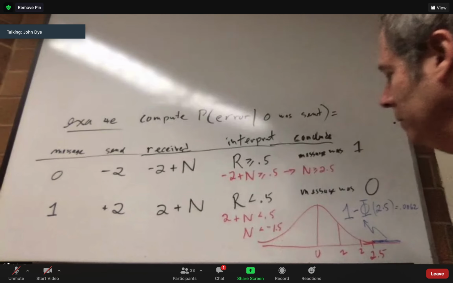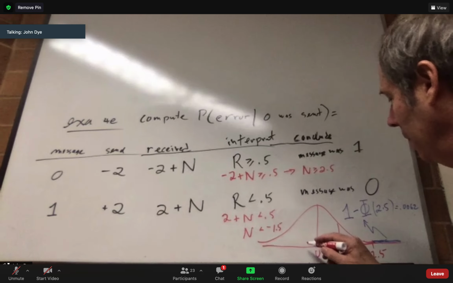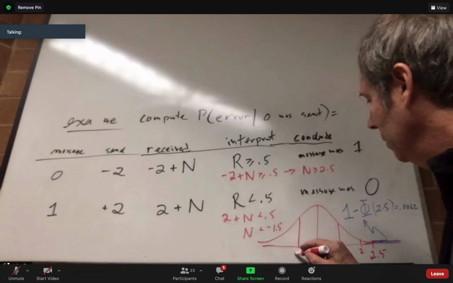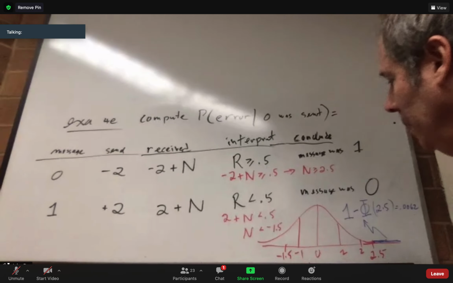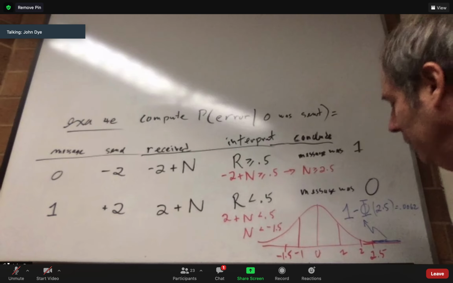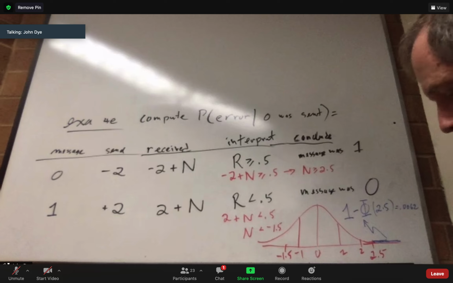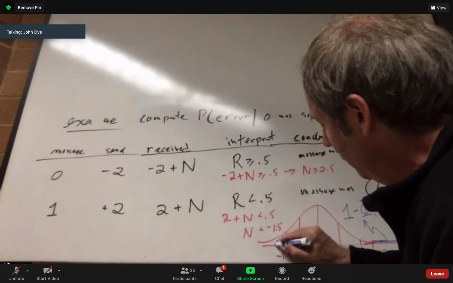It's a little bit different. So how are we going to do that one? Well, this is -1, and this is minus 1.5. That looks like just phi of... no, okay. Now, how are we going to do it? How are we going to do this?